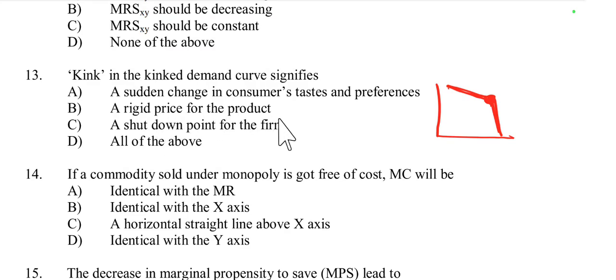When price rigidity arises, the shape of the demand curve becomes kinked, because the kinked demand curve model suggests that firms face a demand curve that is more elastic for price increases and less elastic for price decreases, leading to price rigidity in an oligopolistic market. So this is the reason: a rigid price for the product.